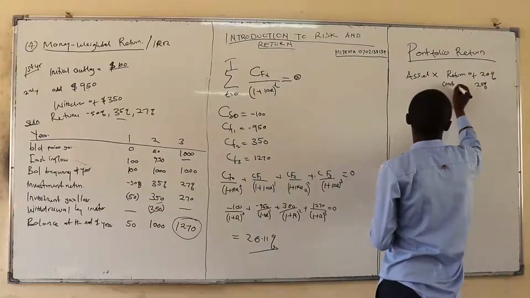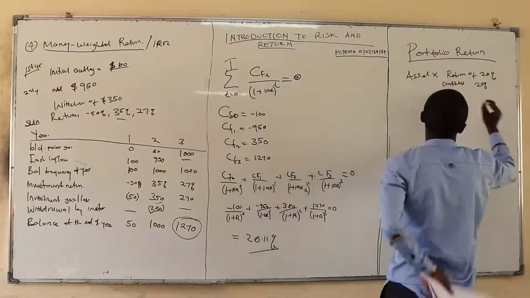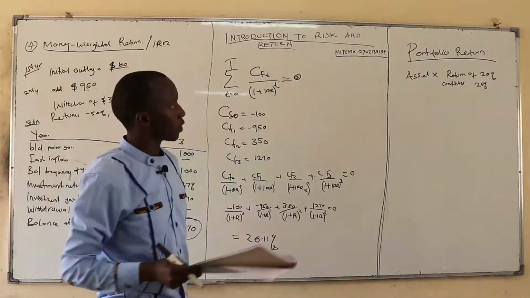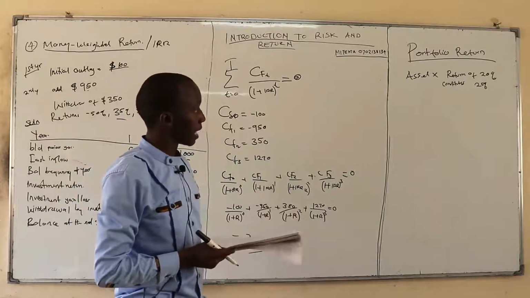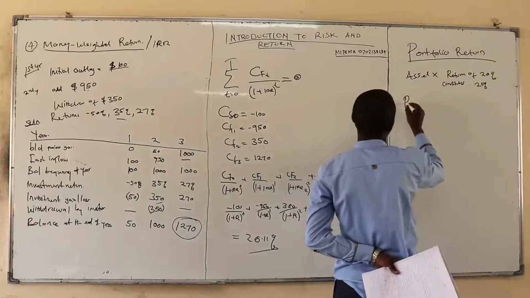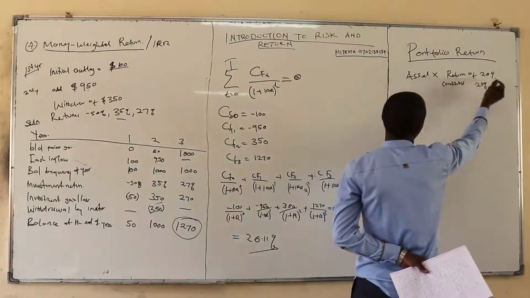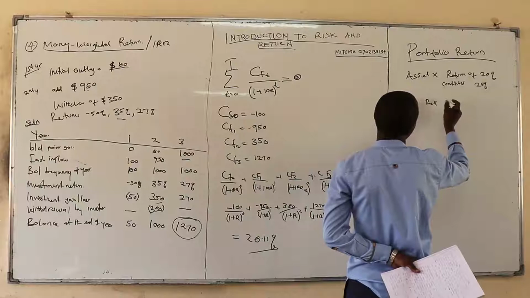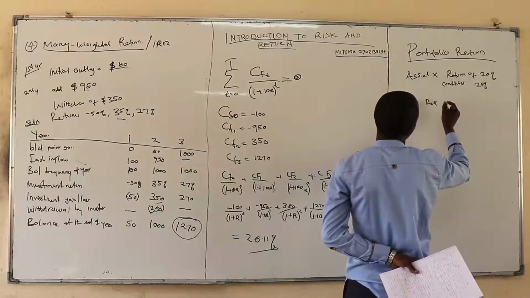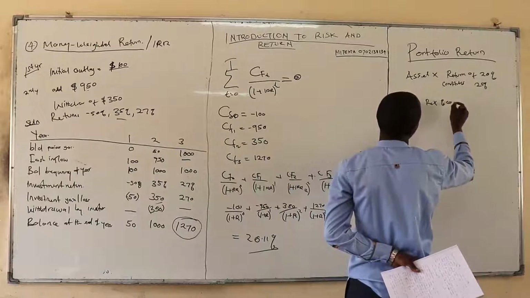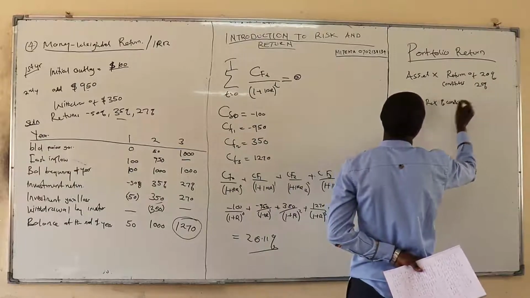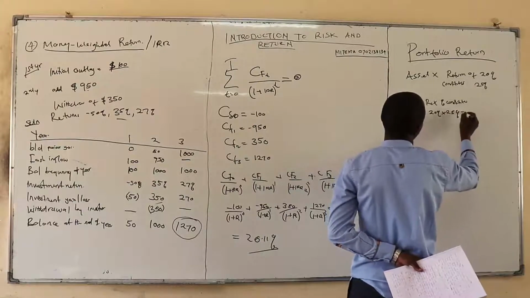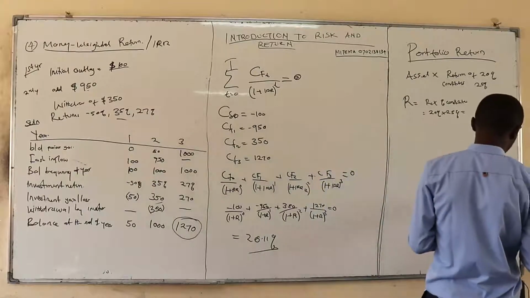So you can calculate the return contribution of this asset: the return which was given times the percentage it constitutes, which is 20% by 25%, which is equivalent to 5%.